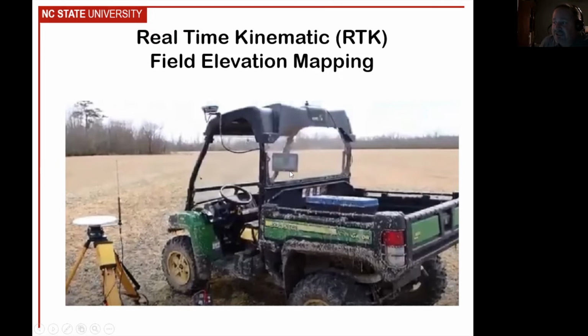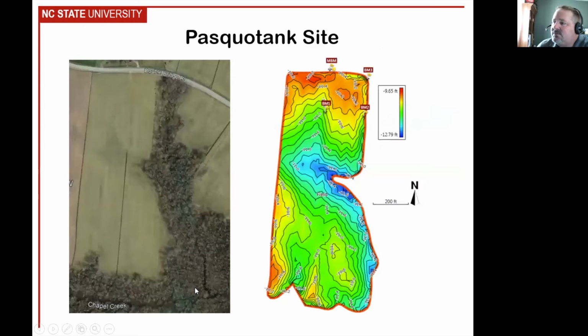Once that data is generated and saved to the computer, it can be downloaded to other software. With that, we can create contour maps, we can create watershed drainage maps, and we can also simulate flooding events that could be caused during tidal surges from tropical situations.